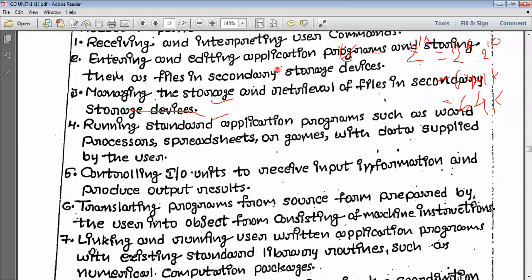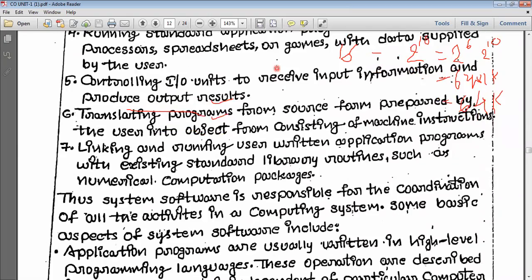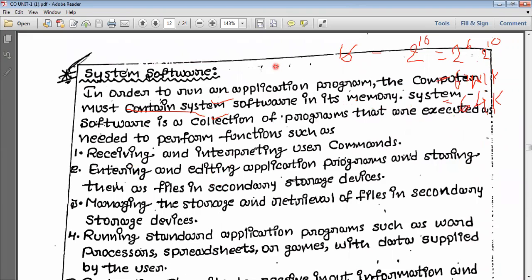Next, system software. Software has two types: system software and application software. Suppose we purchase any system, then what do we do first? First, you install some OS into that computer. Without OS, the computer is not working, isn't it? So that OS is the system software.